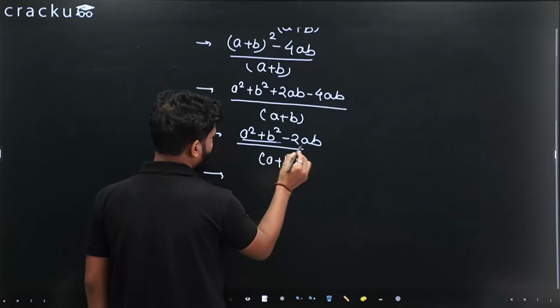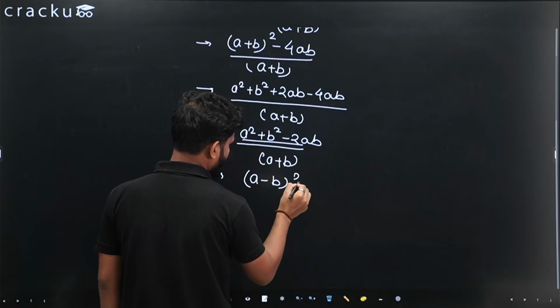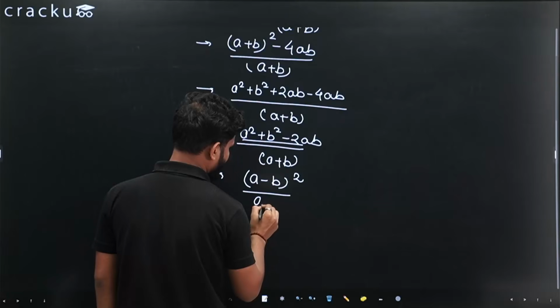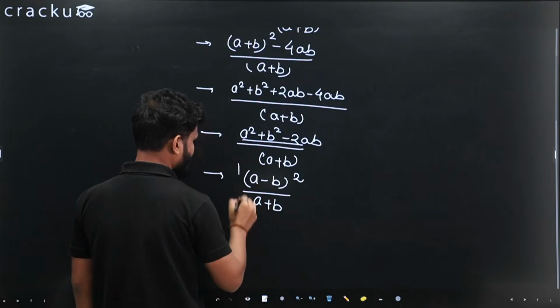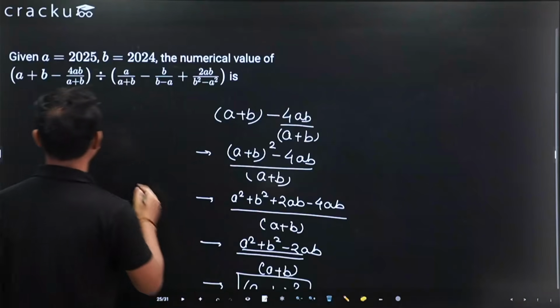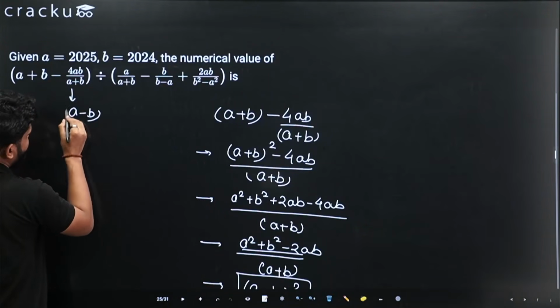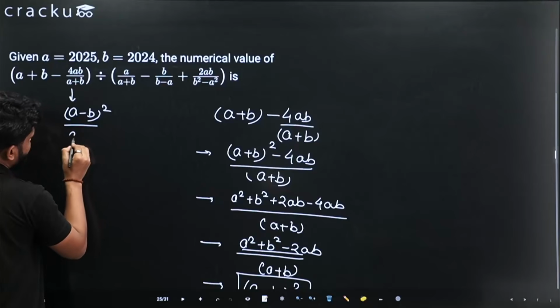So this is nothing but A minus B whole square upon A plus B. So the first part of the division is A minus B whole square upon A plus B.